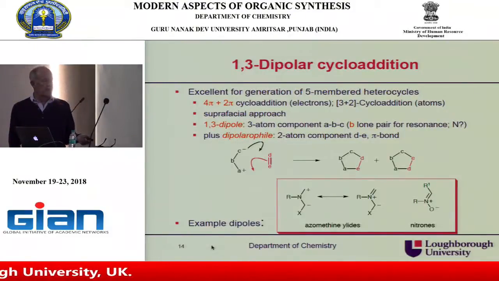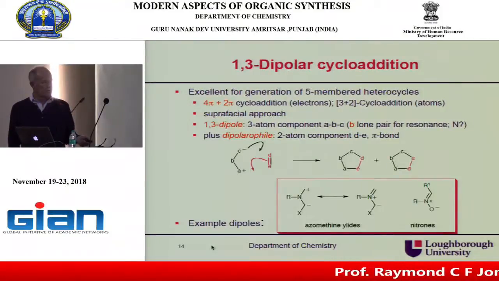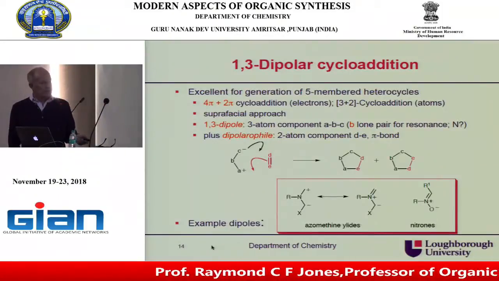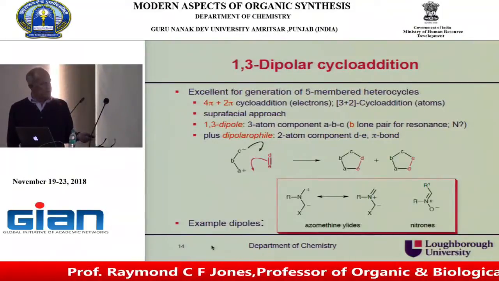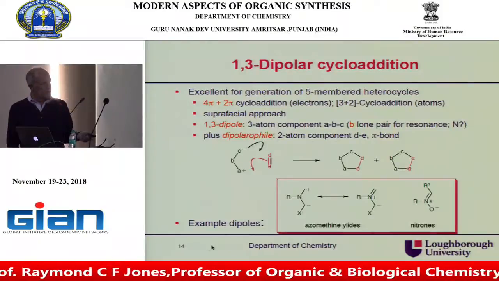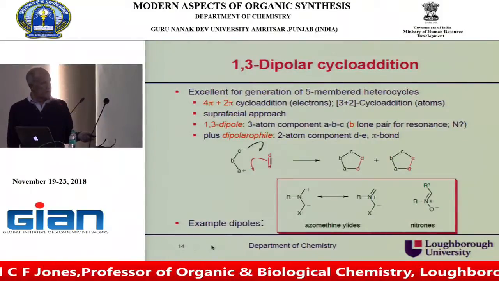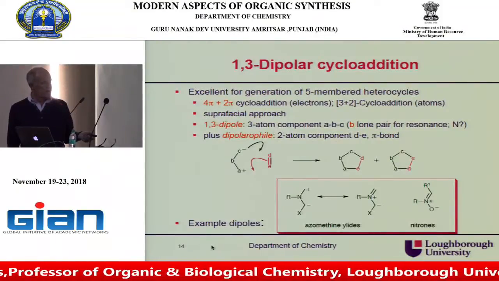Because it reacts like a 1,3 dipole, because electrons attacking this center here push this pi bond back towards the nitrogen. So if I was to have a double bond between A and B here and a plus on B, I would have to have a second arrow.